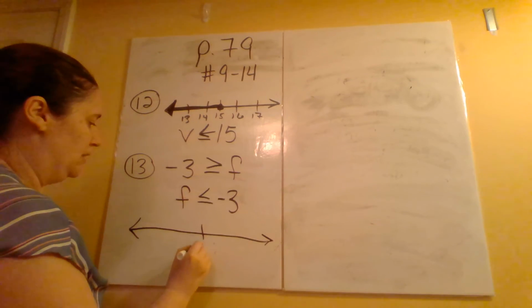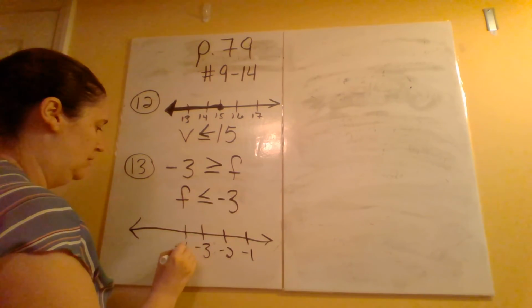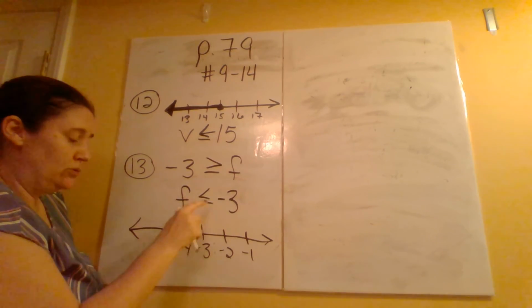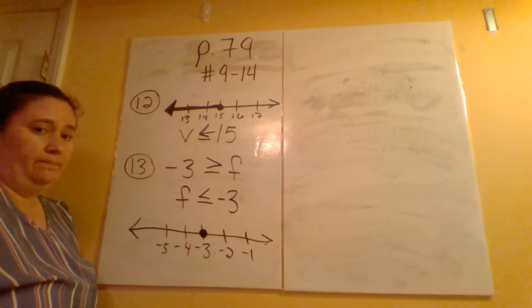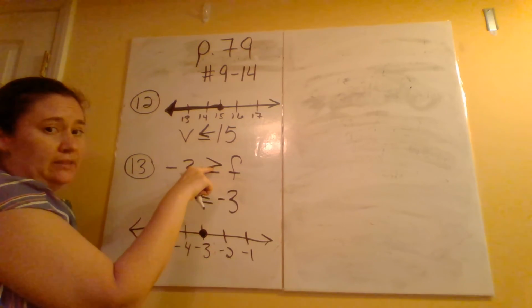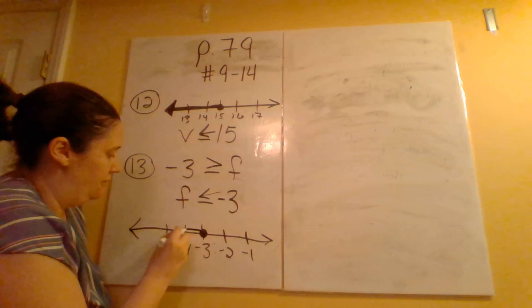And we put -3 on there, put a couple of numbers around it. We need a closed circle at -3 because there's a line under the sign. And then we want to follow this new arrow to the left.